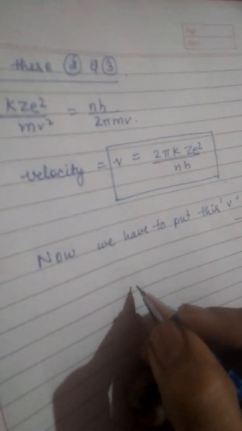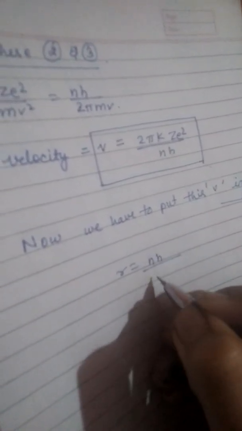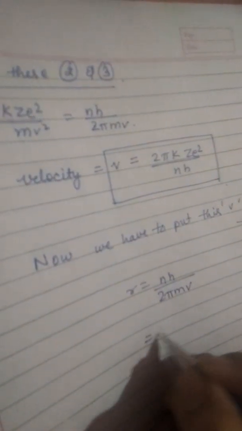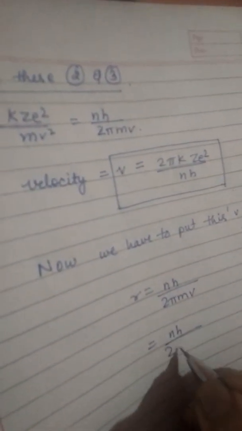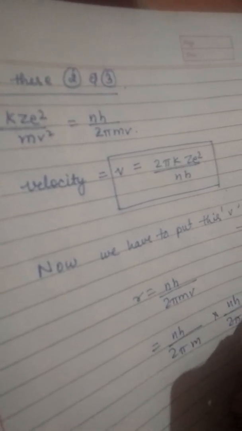Now we have to put this v in equation number 3. What we have in equation number 3, from the Bohr's quantization condition, is r equal to n h by 2 pi m v, we have to put it here. So n h by 2 pi m multiplied by n h by 2 pi k z e square.